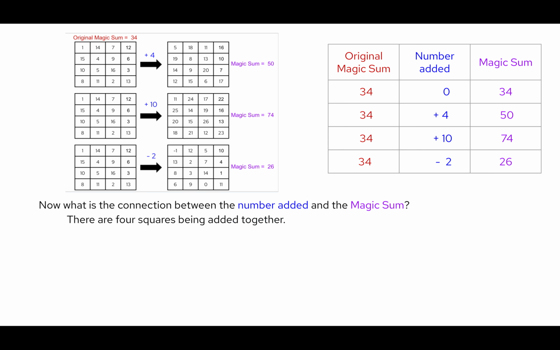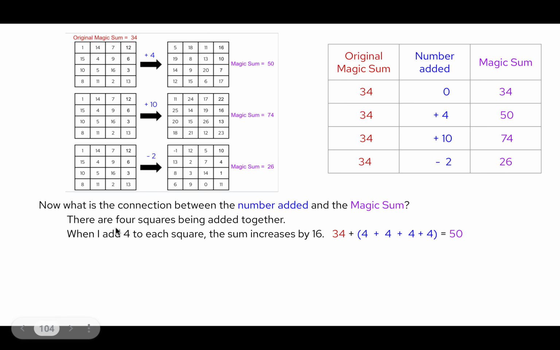Well, now I notice that 4 squares are being added together instead of 3 squares. And when I add 4 to each square, the sum increased by 16. So if I originally had my 34, I added 4 times. 1, 2, 3, 4, because 4 squares are being added together to get my magic sum.